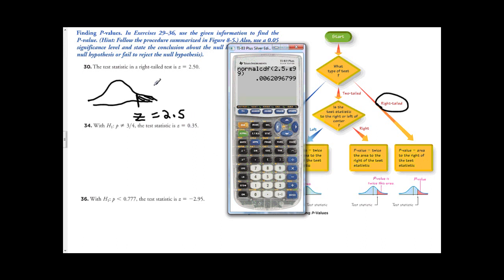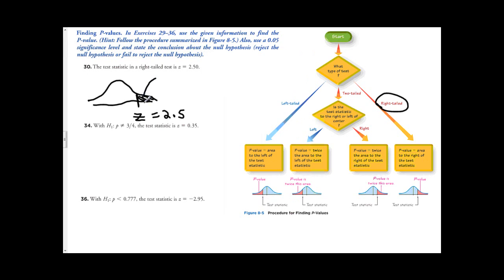So the area here, which is the p-value, is equal to 0.006.